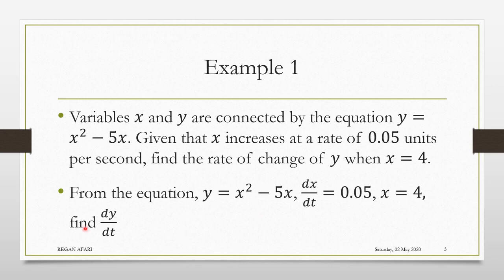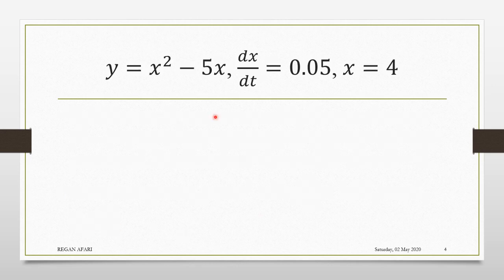Now, if you are told to find dy/dt, then we work with dy first and dt will end. But what should be the middle one? I've written dx, but how did I know that?